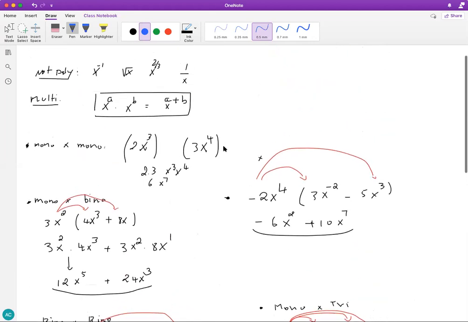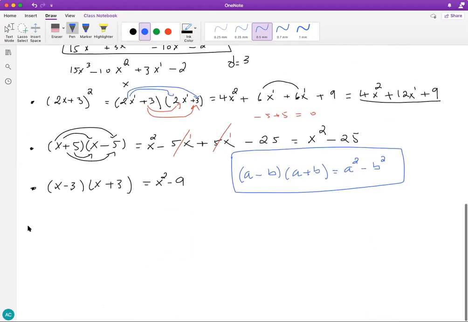We did all the cases here. Let's see another case, might be something like this. You could have multiple variables, not just x. You could have this, let's say 3xy, that's a monomial, and it could be multiplied by xy minus 4xy plus something.